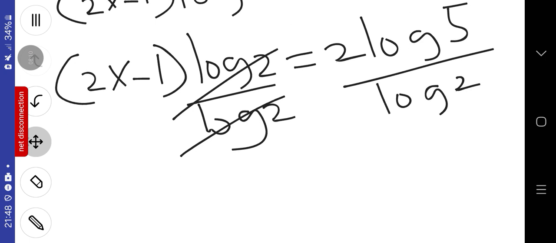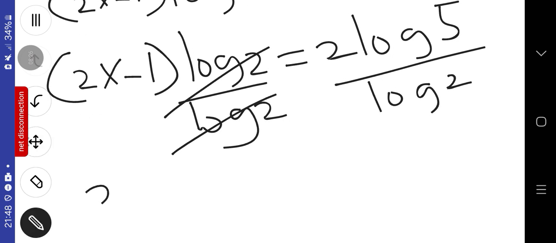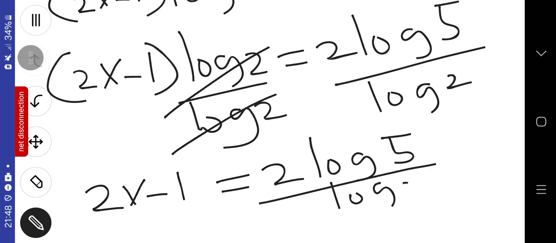So we have moved log 2 away from x. Now we have 2 attached to x, and we also have minus 1 attached to x. So we are going to have 2x minus 1 equals 2 log 5 all over log 2.